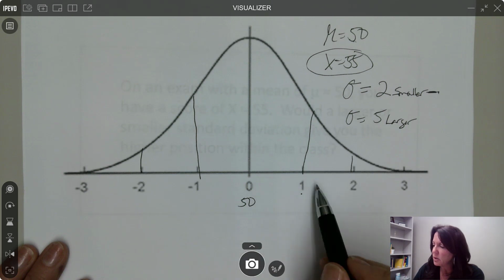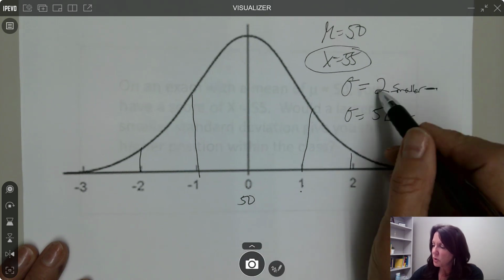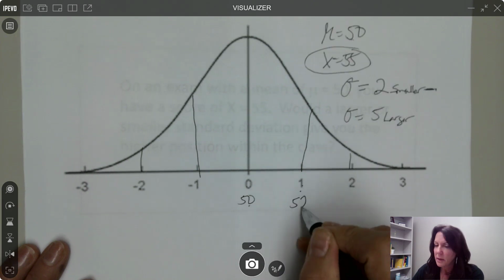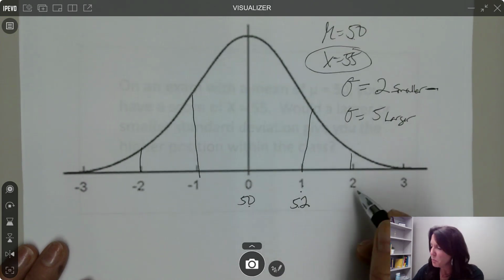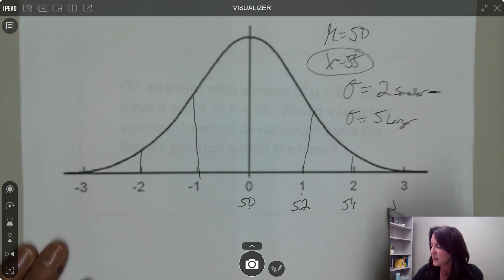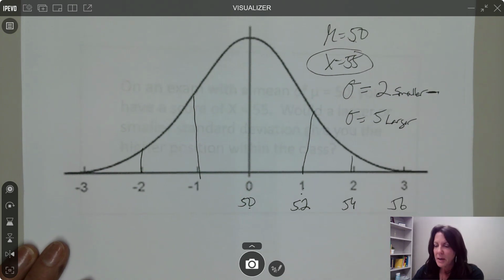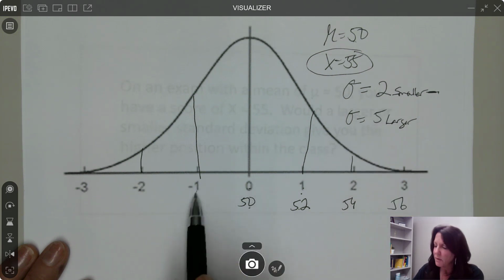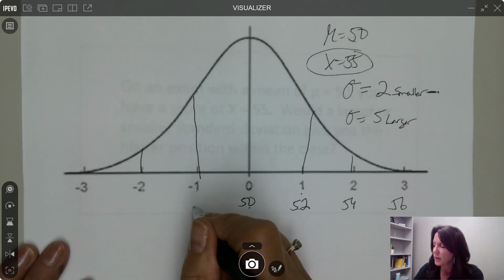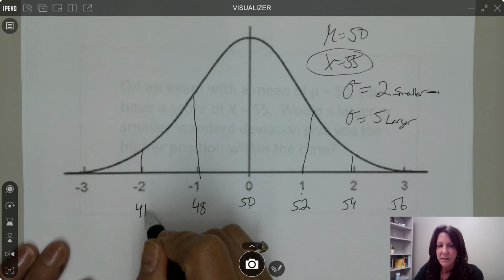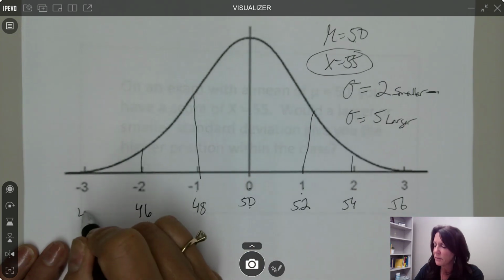So at one standard deviation, if one standard deviation is worth 2, 50 plus 2 is 52, and 52 plus 2 more is 54. 54 plus 2 more would be 56, right? On the other side, if I'm one standard deviation below, I'm 50 minus 2 to make 48, minus 2 to make 46, minus 2 to make 44.